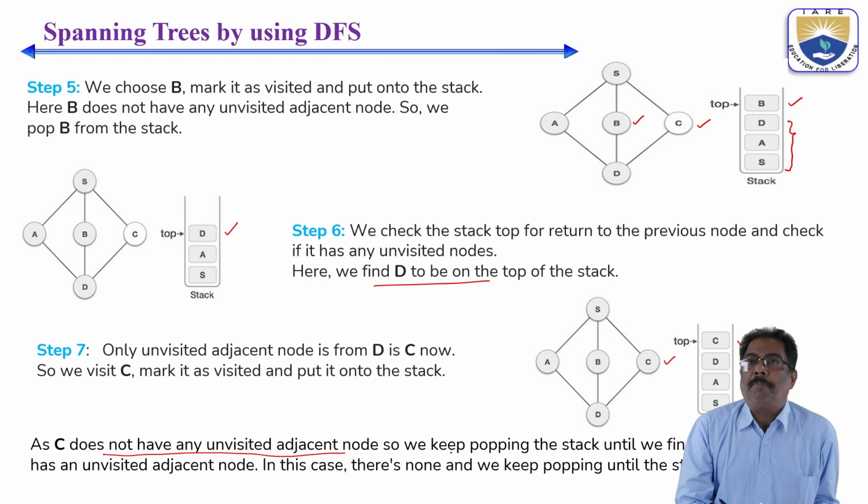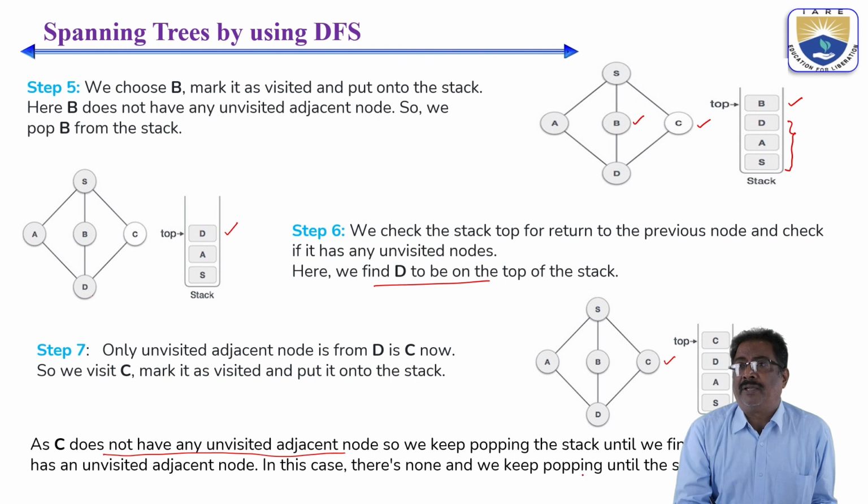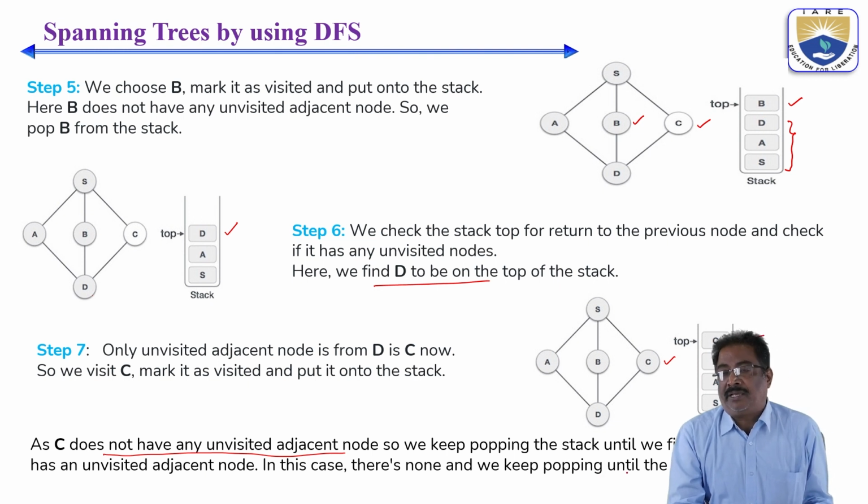So we can keep on popping the stack until we find a node that has an unvisited adjacent node. In this case there is none, and we can keep on popping until the stack is empty.